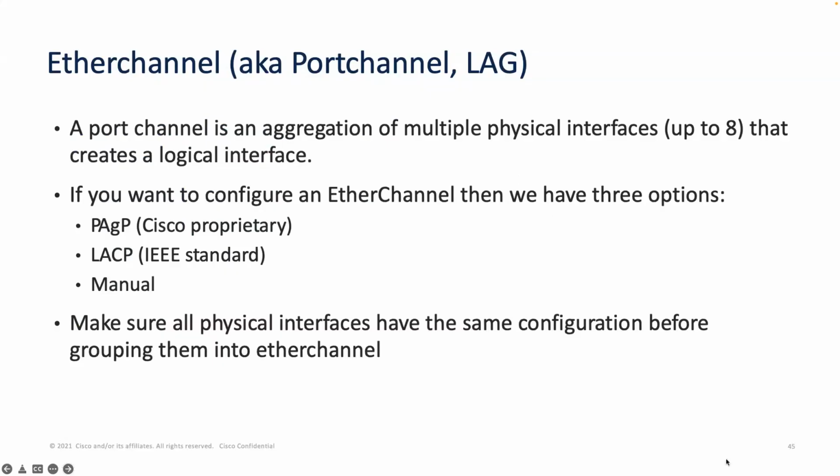Using an EtherChannel has a lot of advantages. Assuming you combine 2 links into one logical EtherChannel, it will double your link bandwidth, obviously, and you don't need to worry about spanning tree blocking because the EtherChannel acts as one interface. Traffic load will be balanced across the links and it provides redundancy in case one of the links goes down.